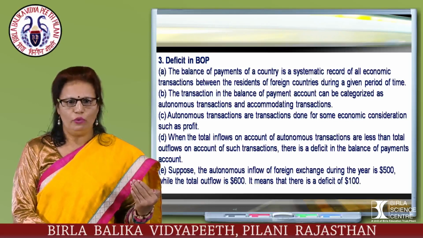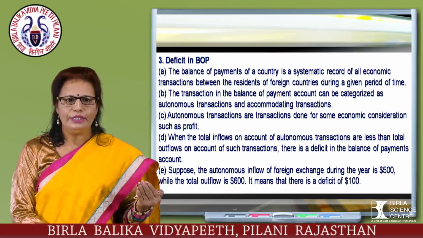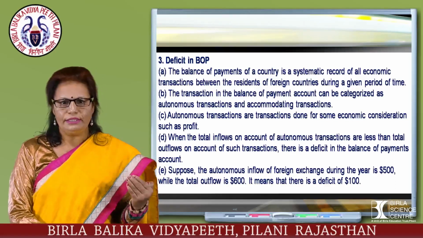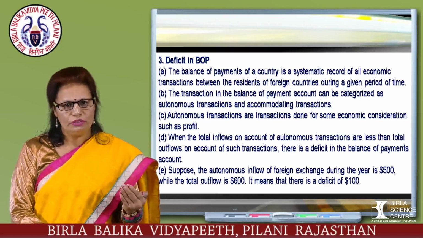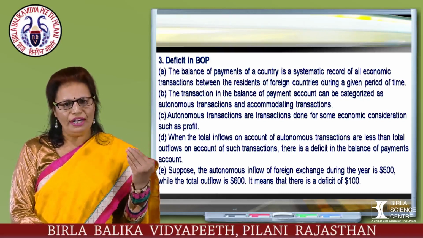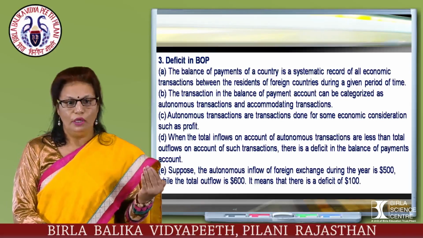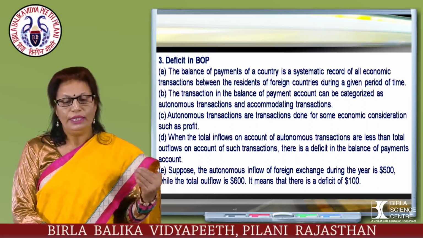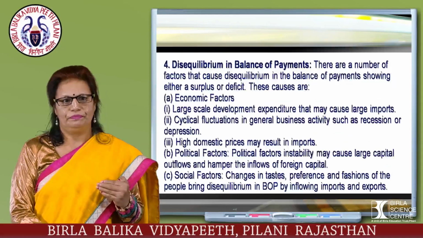When the total inflows on account of autonomous transactions are less than total outflows on account of such transactions, there is deficit in the balance of payments account. Suppose the autonomous inflow of foreign exchange during the year is $500, while the total outflow is $600. It means there is a deficit of $100.